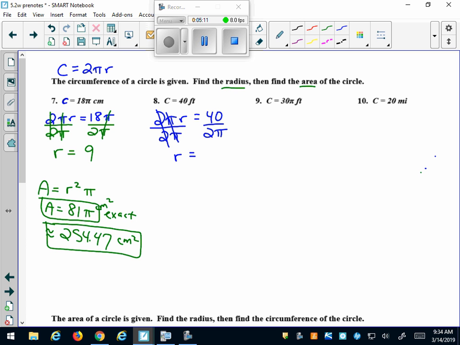The pi's don't cancel. Can I simplify 40 over 2? What would that be? 20 over 1, right? But the pi is still sitting there on the bottom. 20 over pi.